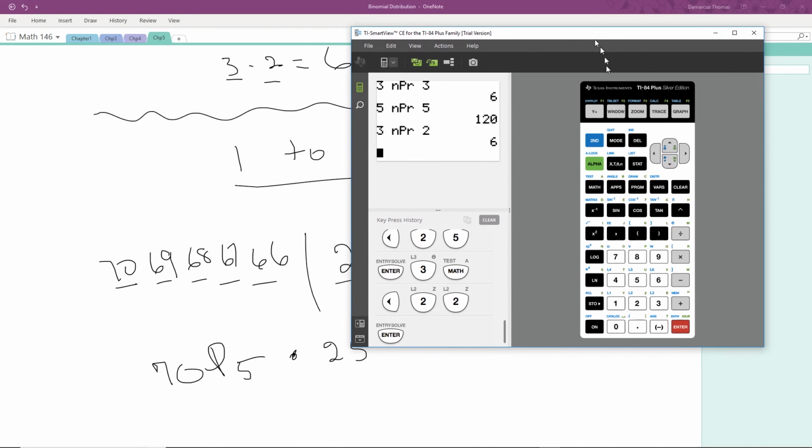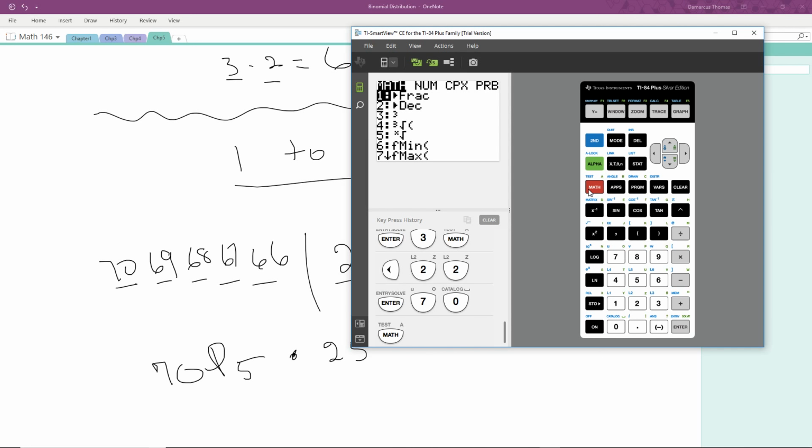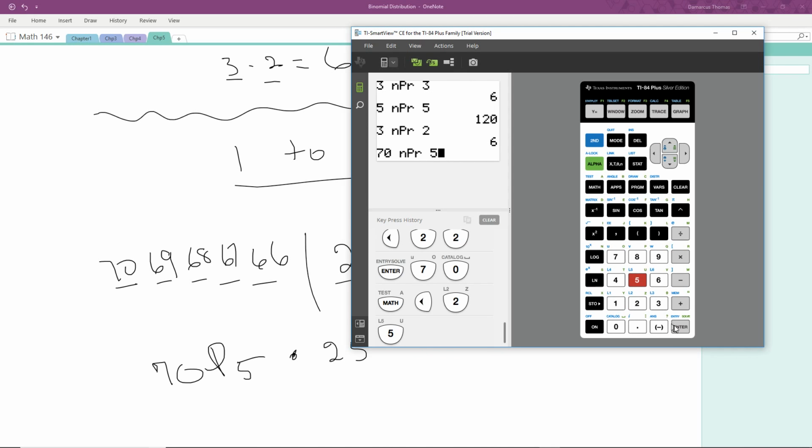So we'll come back here and let's do, first we'll do it two ways. We'll do it the quick way. We'll do 70 and then math P 5, and I'll multiply that by 25.